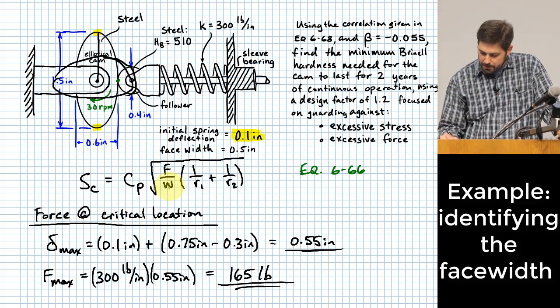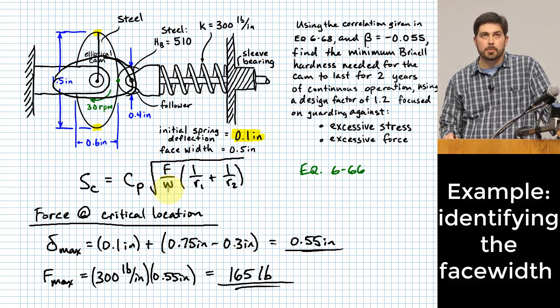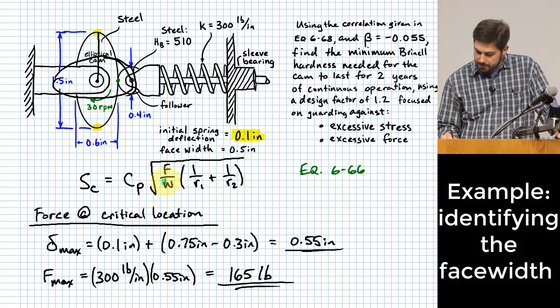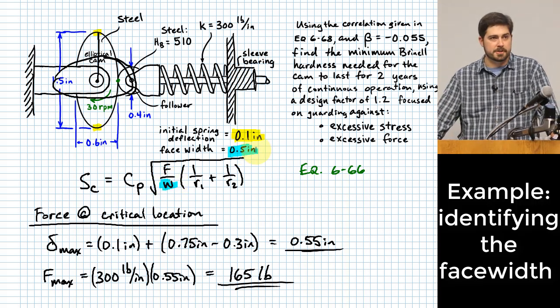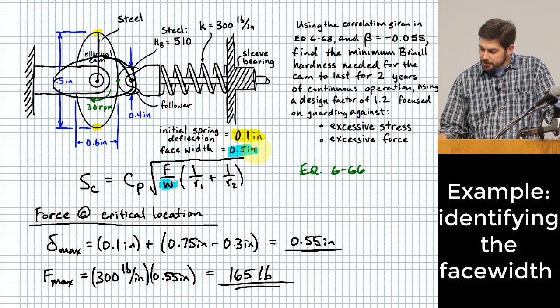We already know W, right? So now what we've kind of figured out is what do we put in for F? What do we put in for W? Okay. W is just that face width. So that's something I can just directly put into this equation. Okay. We need R1 and R2 though.